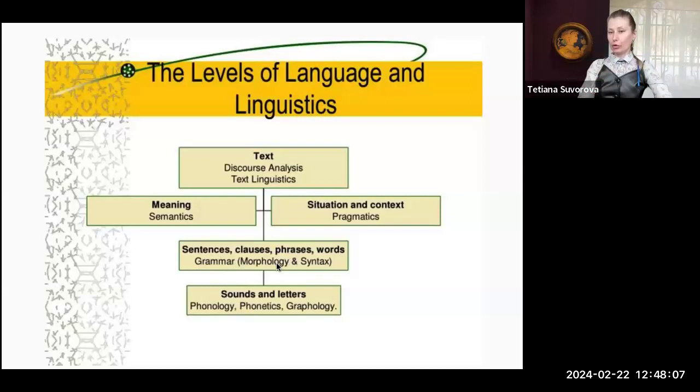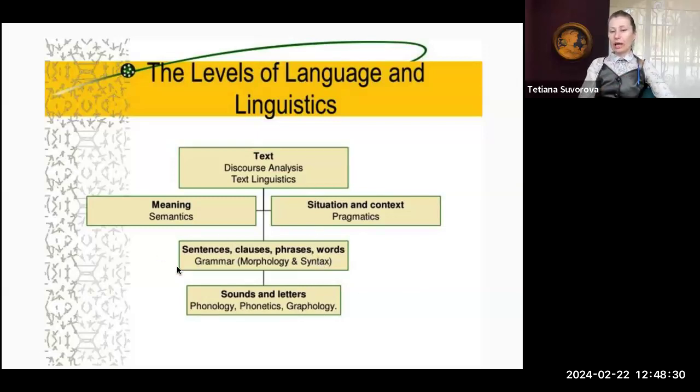We know morphology, it is units of which we compose some larger units, and then we combine them together. So grammar, it is morphology, so knowledge about units that we use to compose larger units. And syntax, it is rules of their composition.